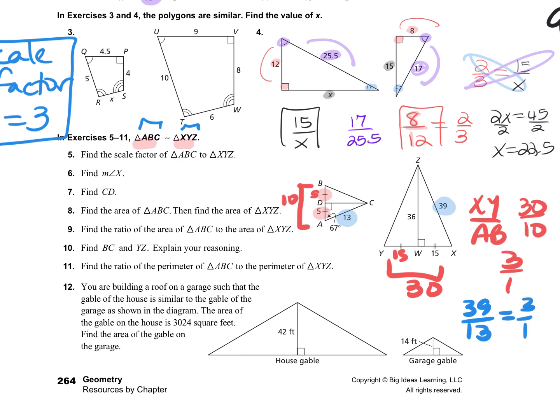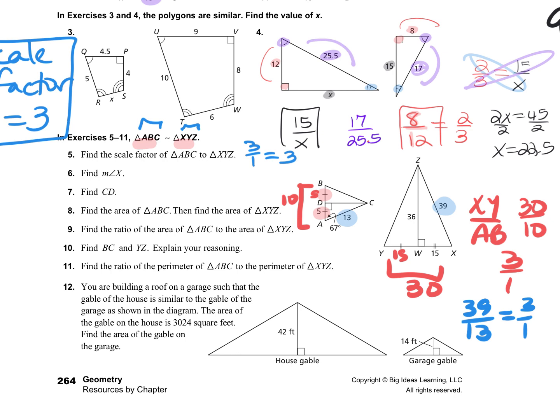So you can choose. If they're giving you a similarity statement, find 2 sides that have numbers. And then again, that will give you your scale factor. So my scale factor here is 3 to 1 or 3. Now remember, for similar figures, the angles are congruent, but the sides are proportional.